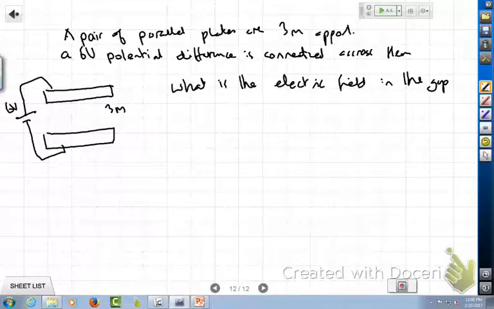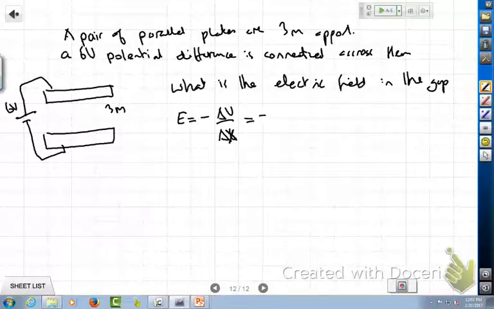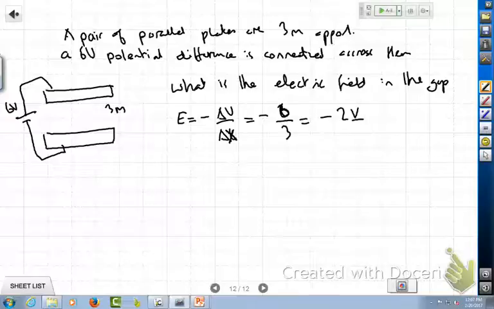So you say E is equal to minus dV by dx, which equals minus 6 over 3, which is minus 2 volts per meter, which is also equal to minus 2 joules per coulomb.